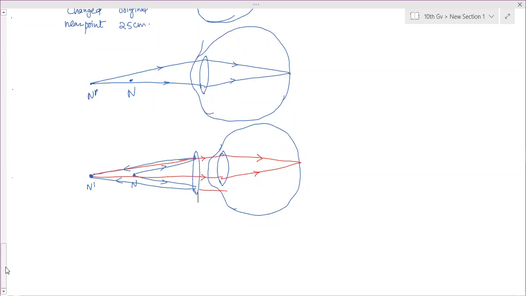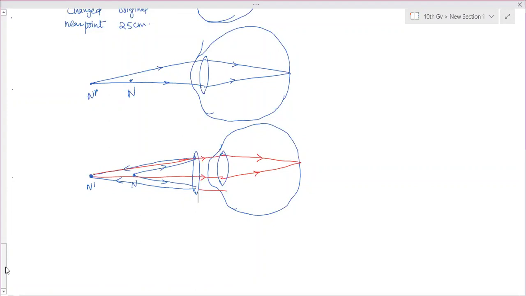That can be corrected by bifocal lenses. A person who has both defects can be corrected using bifocal lenses, which have both concave as well as convex lenses.